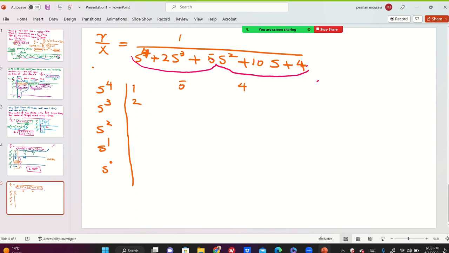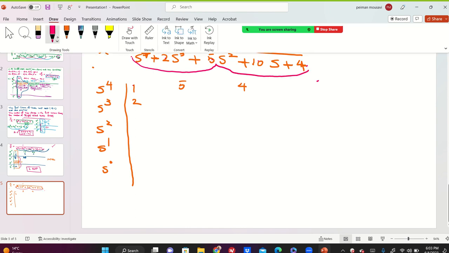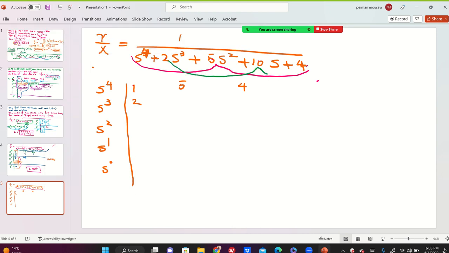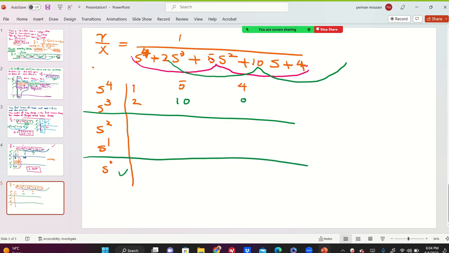The next row: 2, 10, and 0. Now let's go to the next line. The last line is how much? You tell me. What's the last line? 4. There we go.